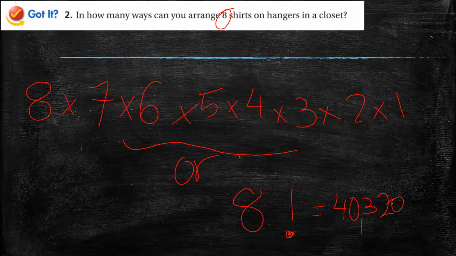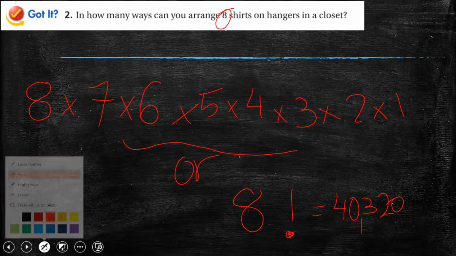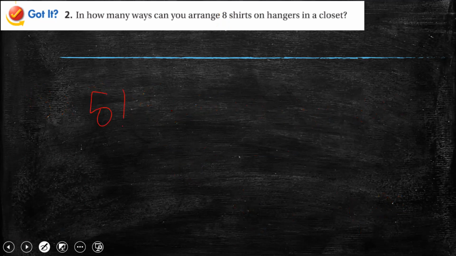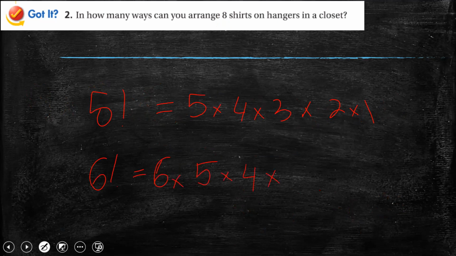So by now, you have to know that 5 factorial means you have to multiply 5, then go back with the numbers 5, 4, 3, 2, 1. You multiply them. 6 factorial means 6 times 5 times 4 times 3 times 2 times 1.